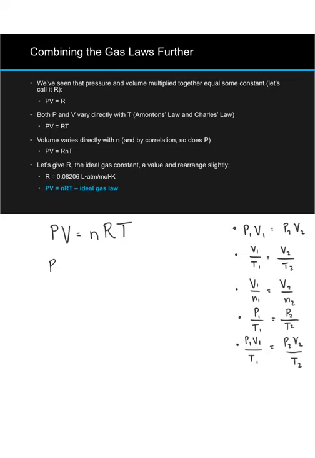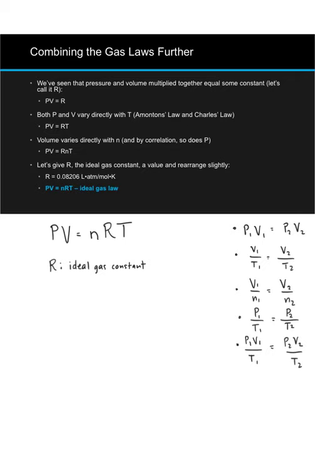This constant, R, the ideal gas constant, has a value that takes on units that are most commonly used to measure pressure, volume, number of moles, and temperature.